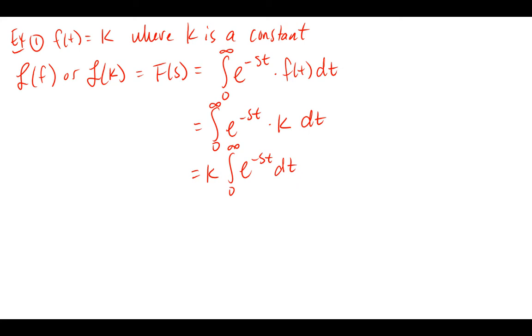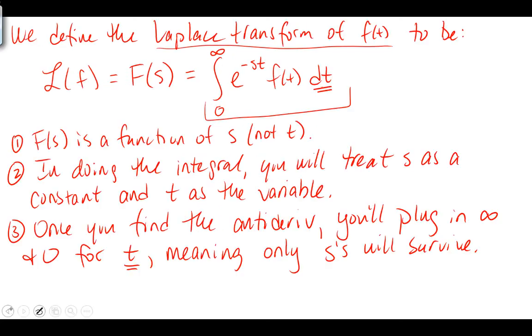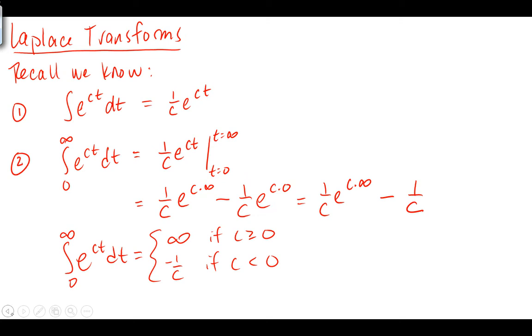And we did this problem a minute ago, right, at the start of this video. This turns into e to the negative st. Let me just remind you that we did this problem. I used the letter c instead, right? But what did we get? Oh, sorry, let me point to this one. When we did e to the c, we got negative 1 over c.